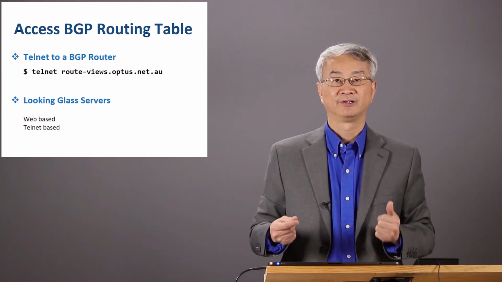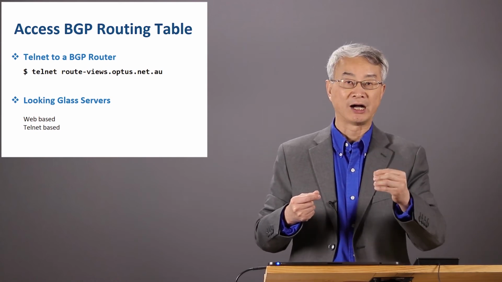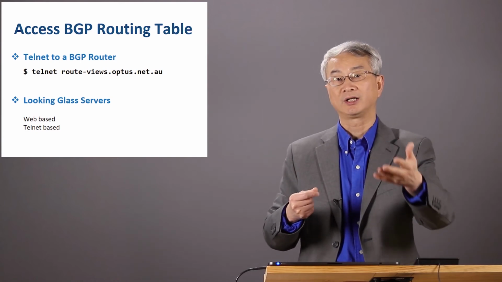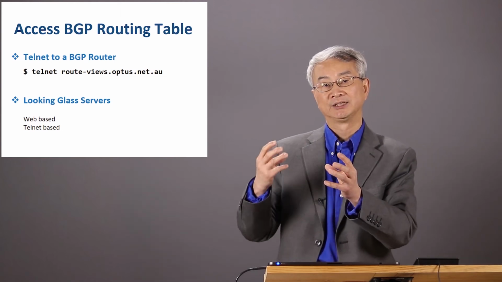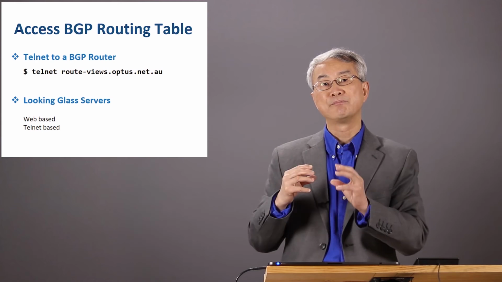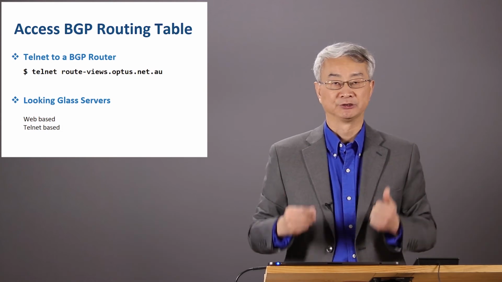What if you want to access a real BGP speaker? There are certain open BGP routers which allow you to log in to them, or some of them provide a web interface. So you can put your command in the web interface. That command can be executed by those BGP speakers.